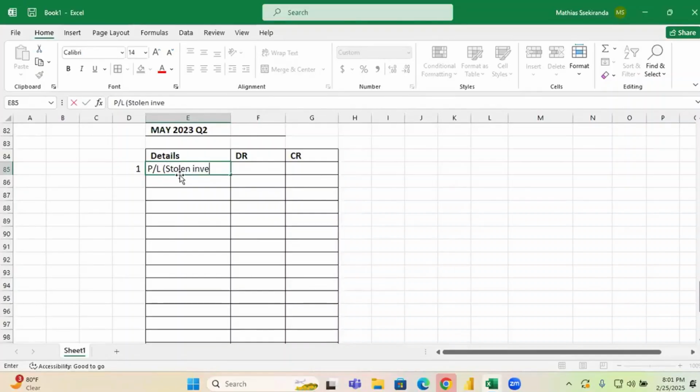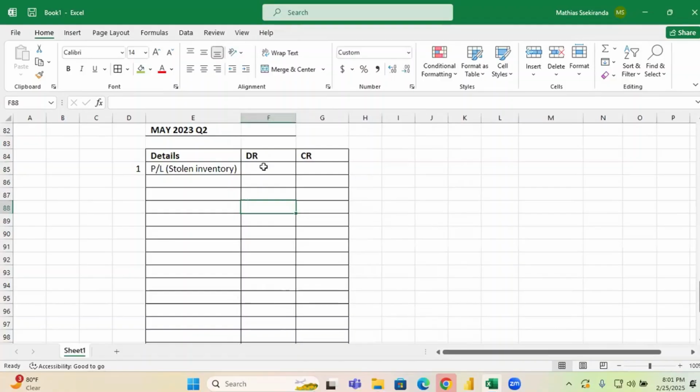Stolen inventory. But even if you said debit profit or loss, by debiting profit or loss you are recognizing an expense, 4.5. Tell the examiner that all amounts are in shillings, 1,000. Okay, all amounts are in shillings, 1,000. So this 4.5.